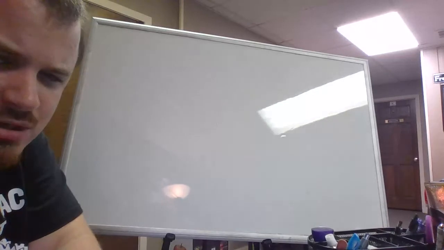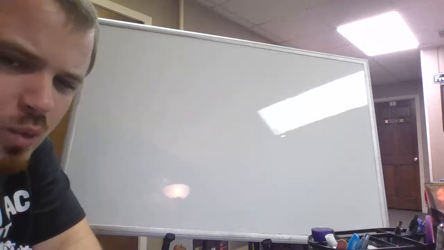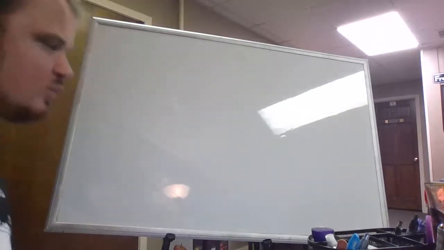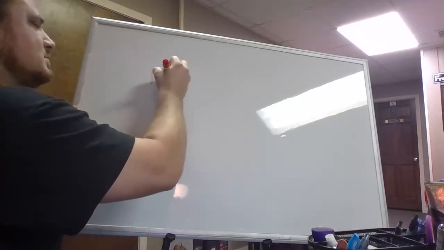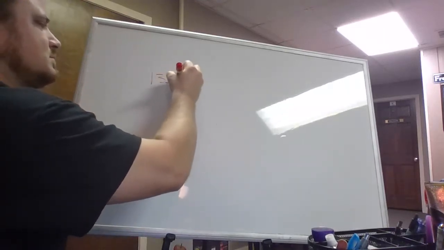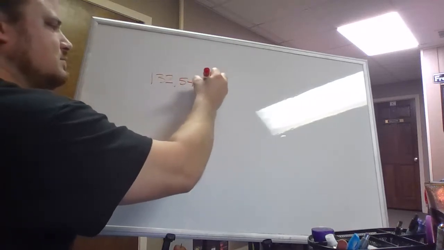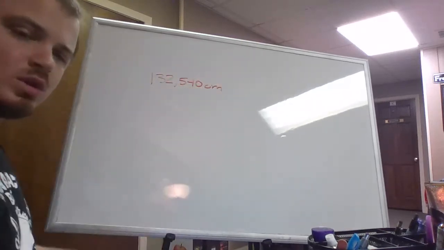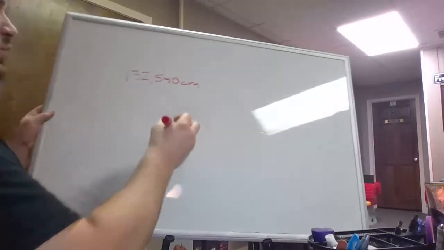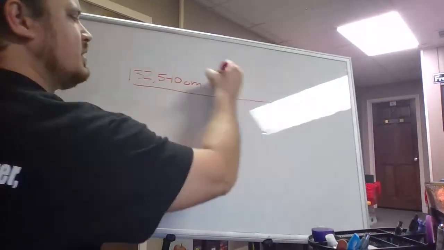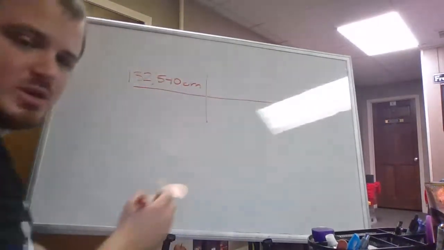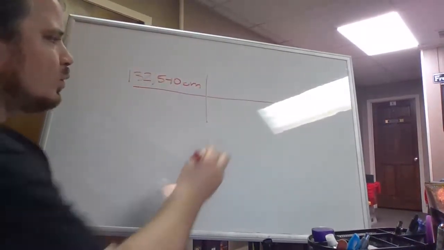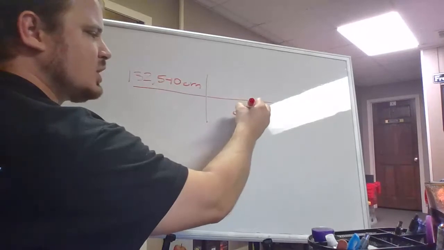So for bridge notation, let's convert 132,540 centimeters into kilometers. So we're going to go all the way to kilometers. Now, here's what you'll encounter. We have centimeters. Look at your chart.